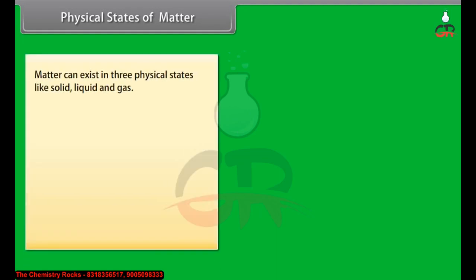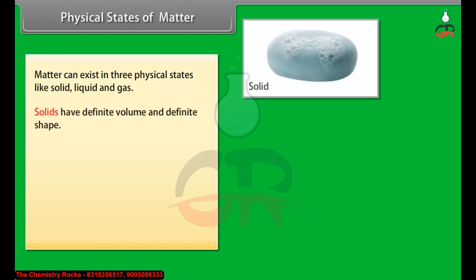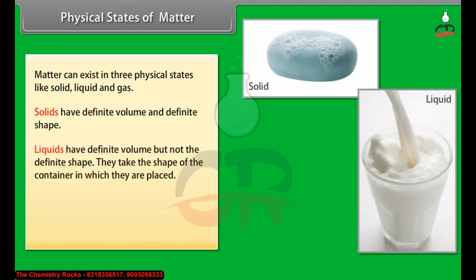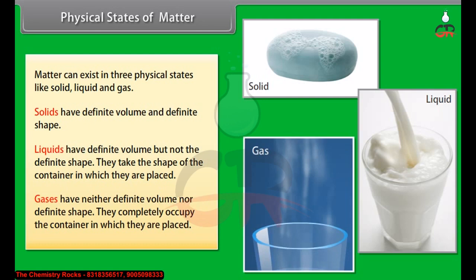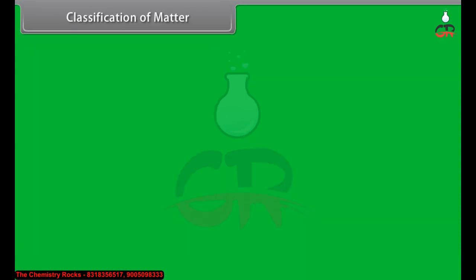Matter can exist in three physical states like solid, liquid, and gas. Solids have definite volume and definite shape. Liquids have definite volume but not the definite shape. They take the shape of the container in which they are placed. Gases have neither definite volume nor definite shape. They completely occupy the container in which they are placed.